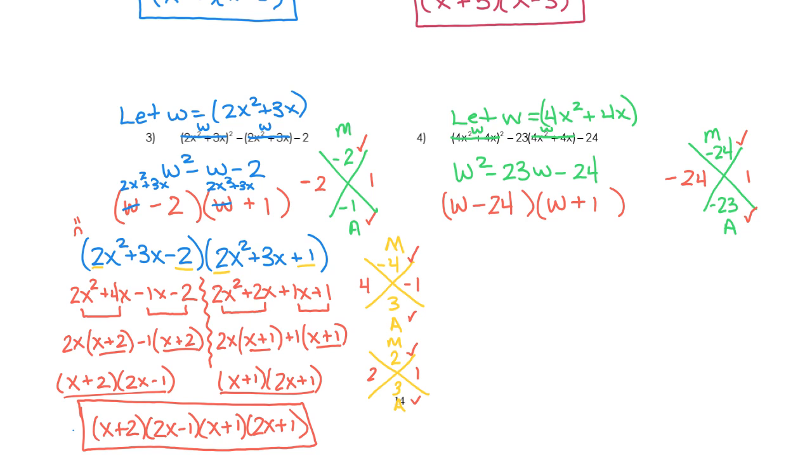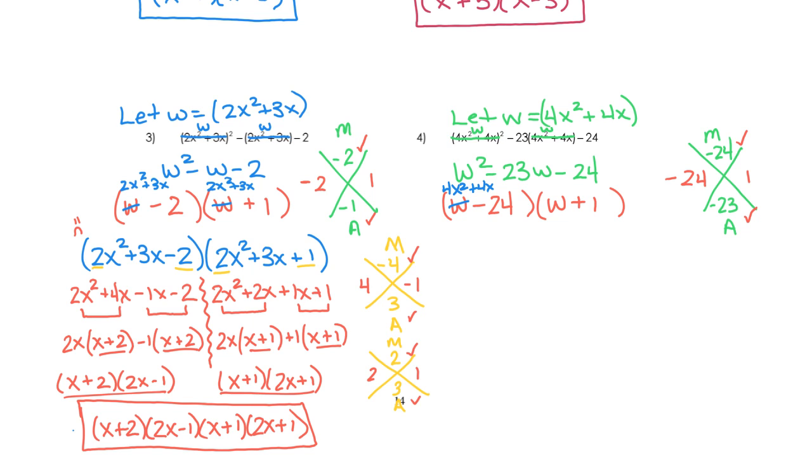However, we weren't given those w's in the beginning, and so we're going to have to go back and substitute them out. So that w is going to go back and get replaced with 4x squared plus 4x.